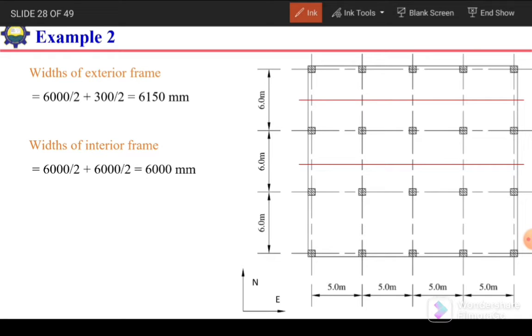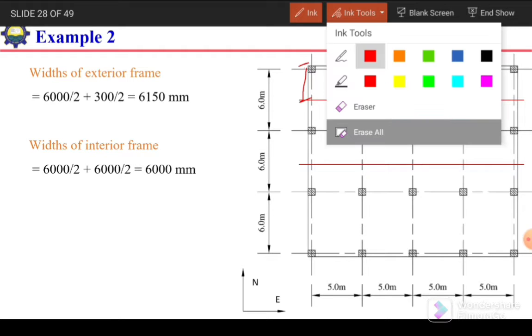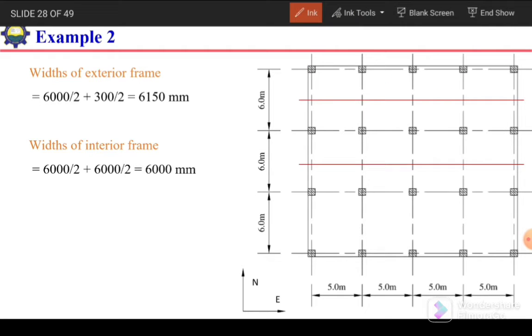Okay, first of all, the width of exterior frame. This one is the exterior frame, from the center line of this panel up to the edge of the slab. In case of the exterior frame, the distance between the center line of the column up to this red line is 3 meter or 3000 millimeter.